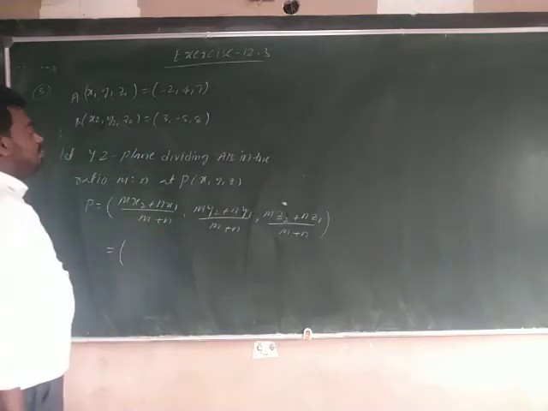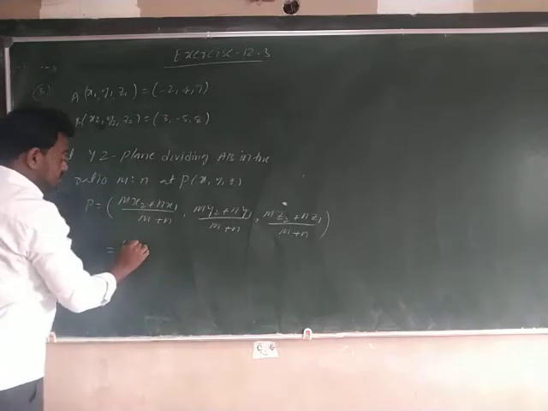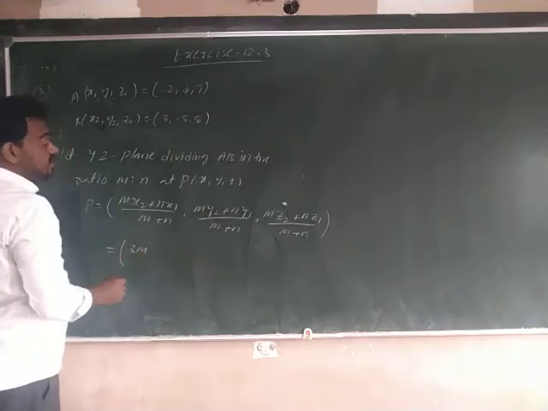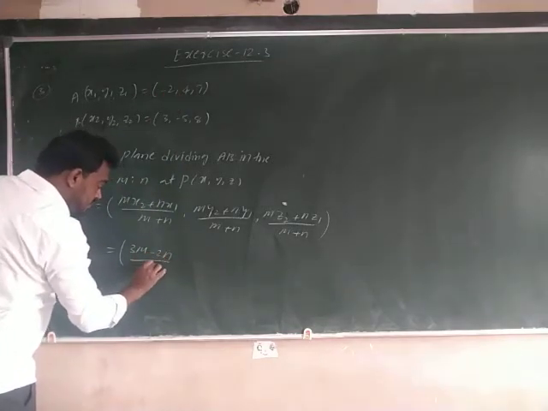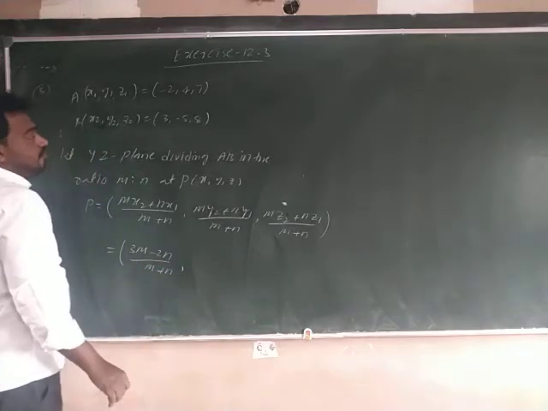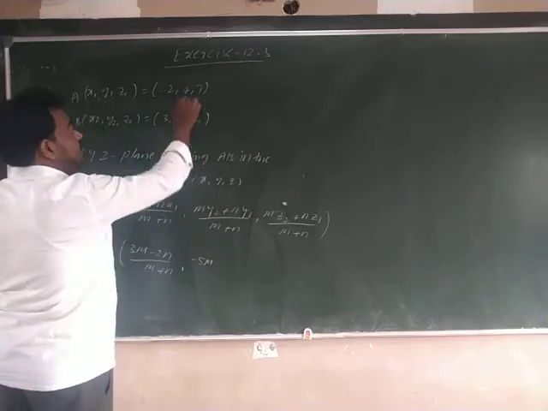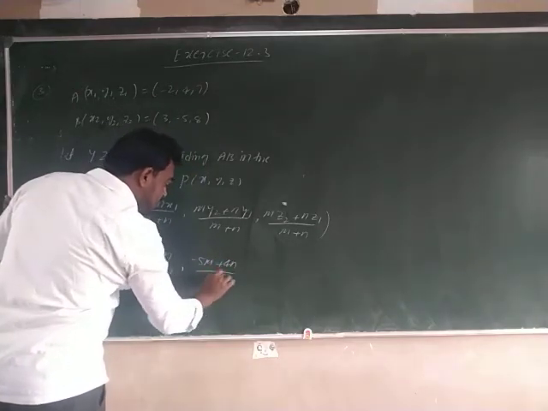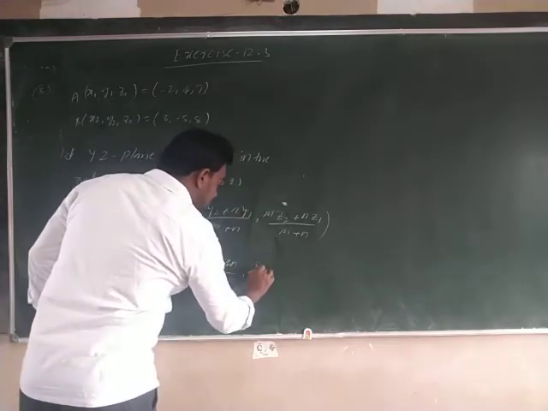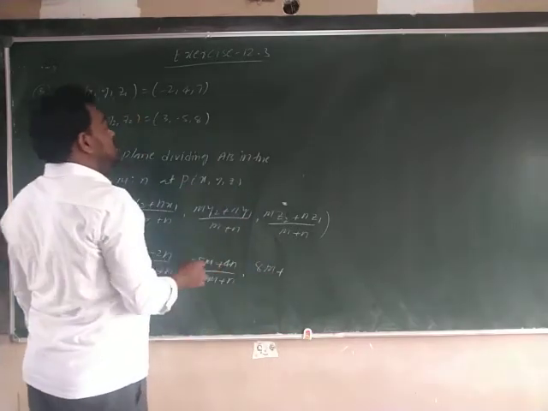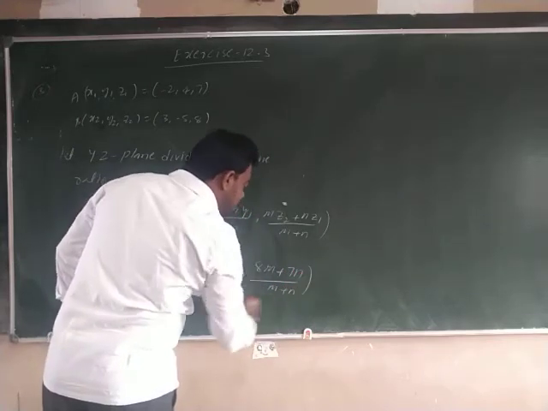This is equal to (3m + n(-2))/(m + n), (m(-5) + 4n)/(m + n), (8m + n(7))/(m + n).